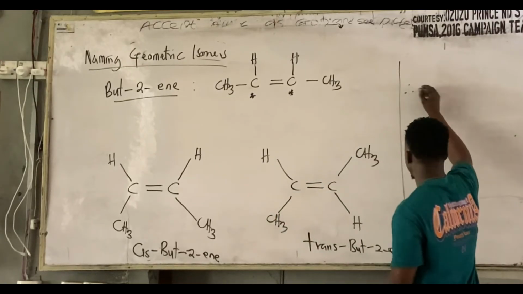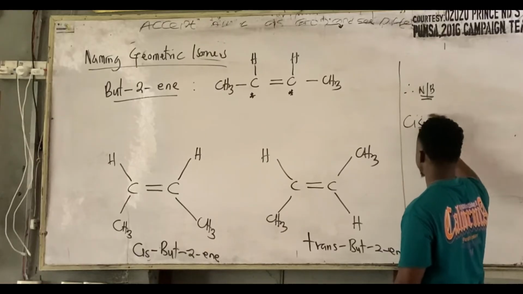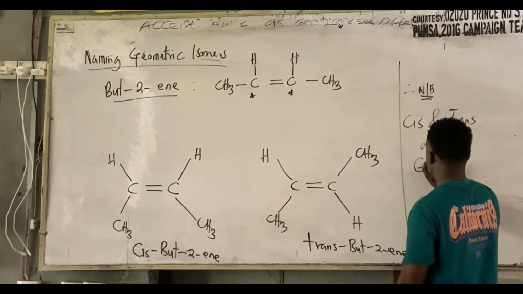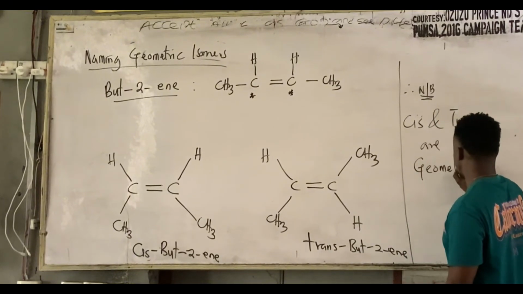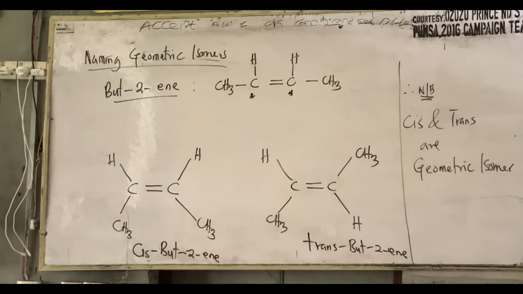So therefore, note: cis and trans are which type of isomers? So in exams, they could just say cis-2-butene and trans-2-butene are that type of isomers.